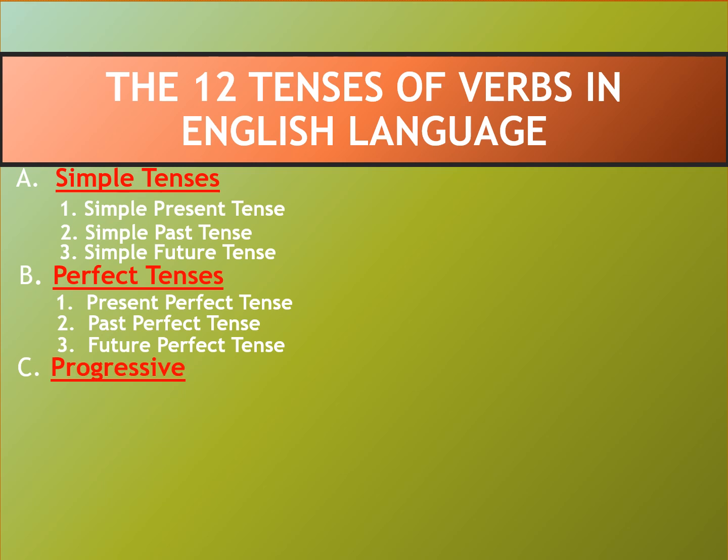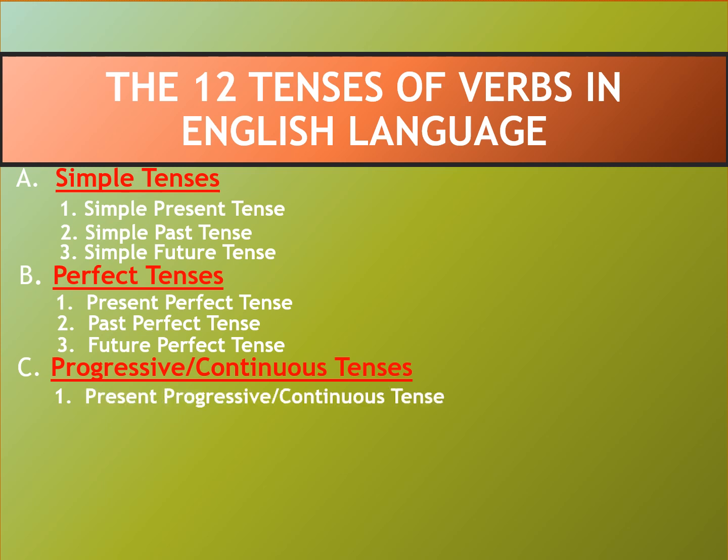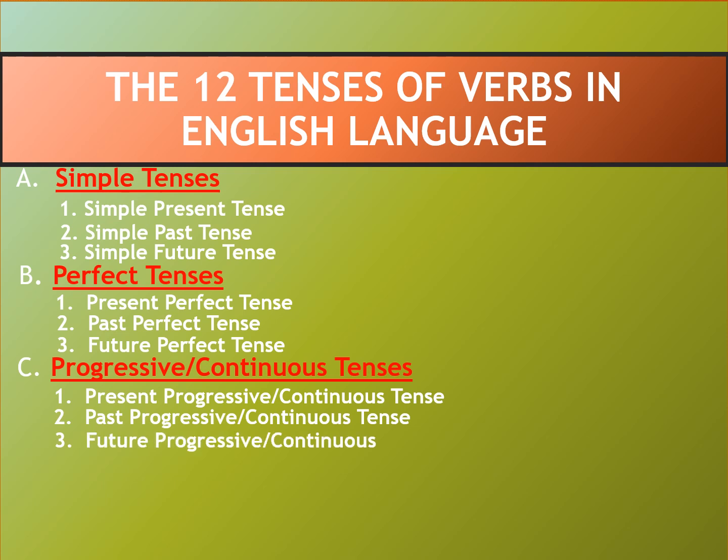Then the third group, we have the progressive continuous tenses: present progressive continuous tense, then past progressive continuous tense. The last in the group is the future progressive continuous tense.